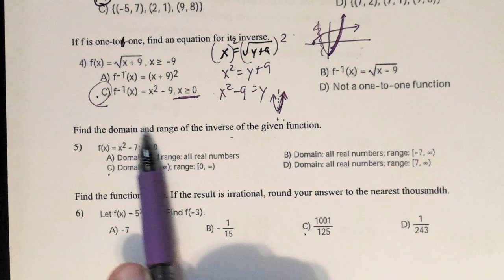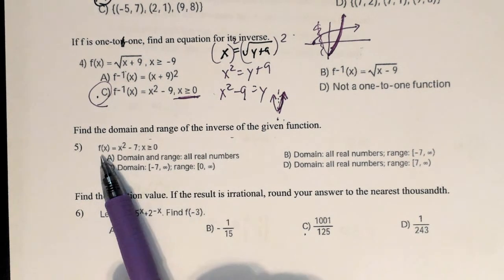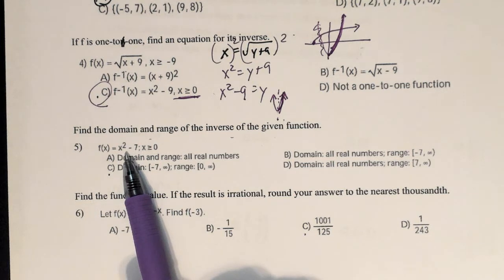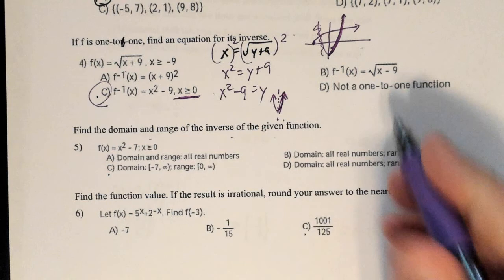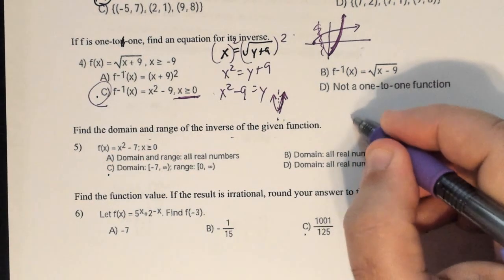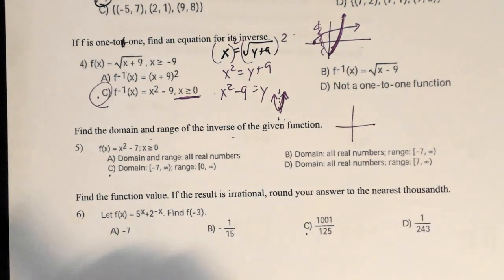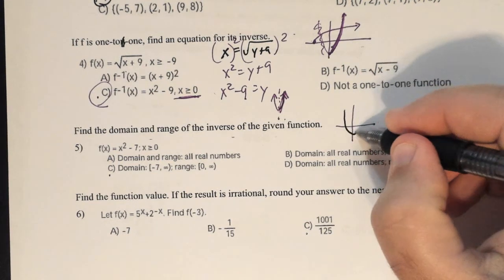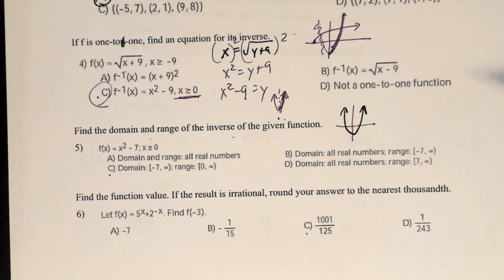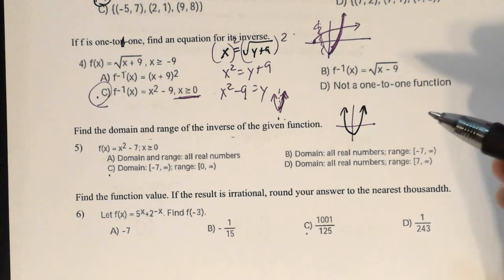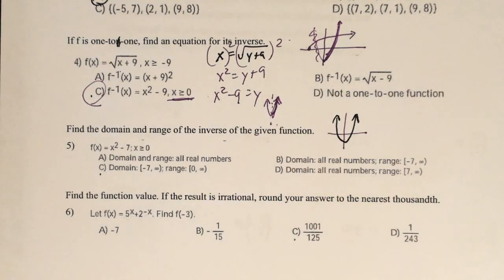Find the domain and range of the inverse of this. Now, this is a quadratic. It's very similar to the one we just looked at. It'll look like this. But they only want the x values, so the only part they want is this part.